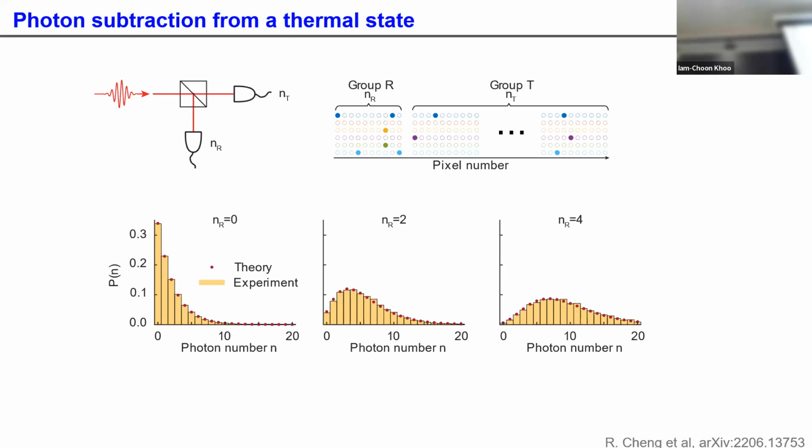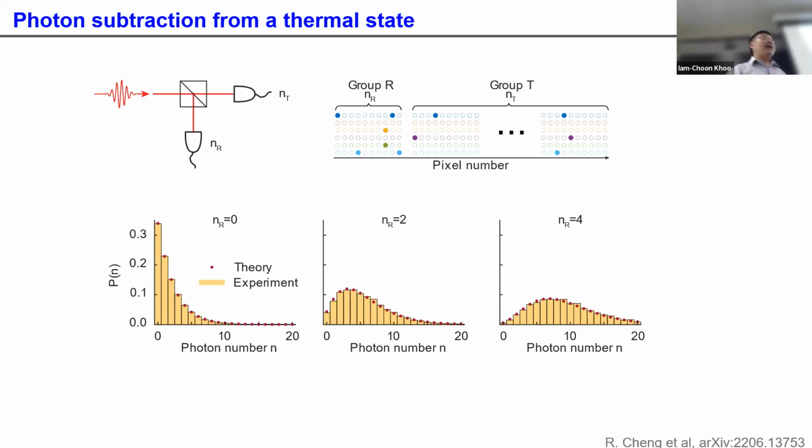And very interesting, when you subtract a photon from thermal light, the average photon number increases. It's very counterintuitive, but what happens is that thermal light is very bunched, the photons are bunched. When you subtract, you destroy the bunching, which means the light becomes more coherent and the average photon number increases.